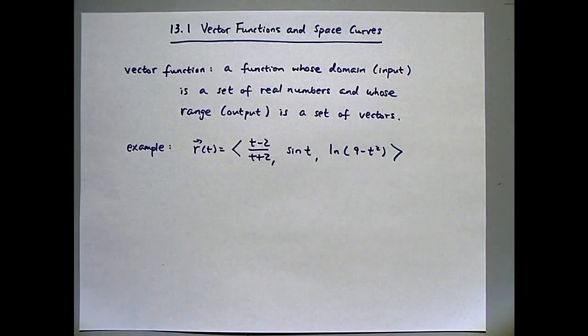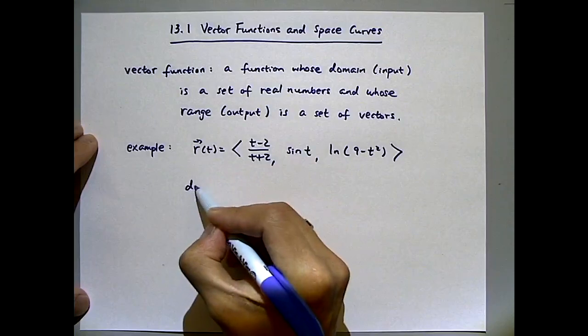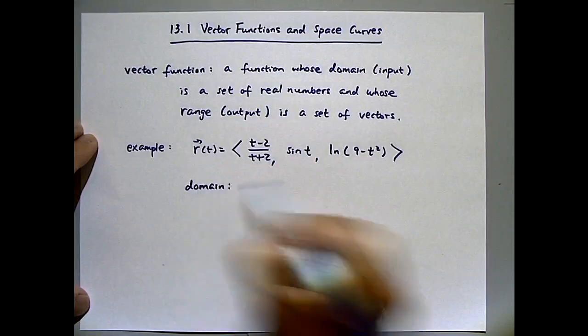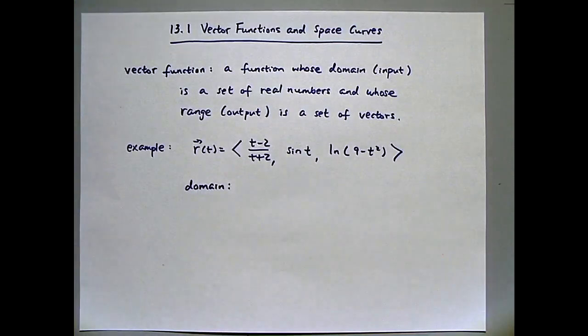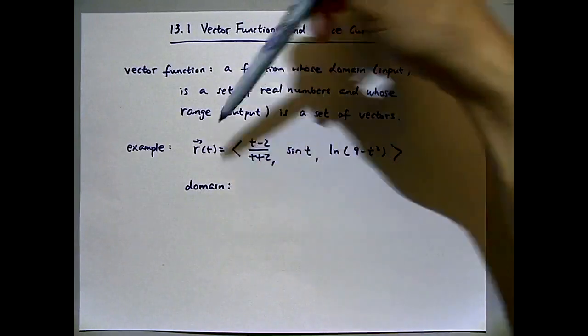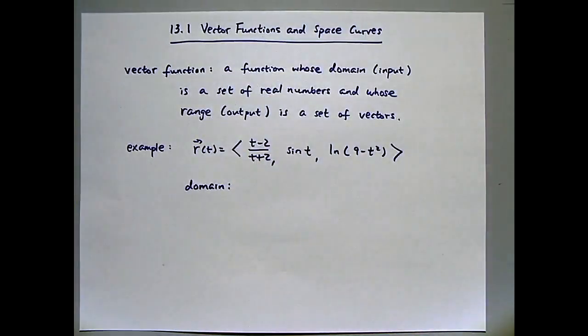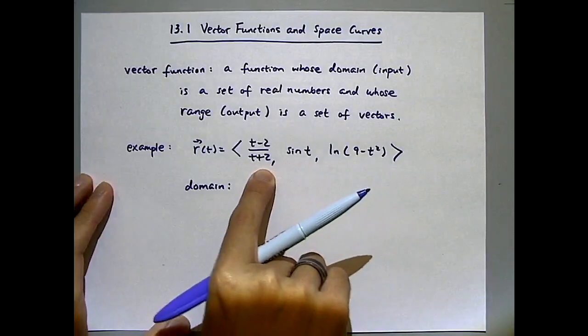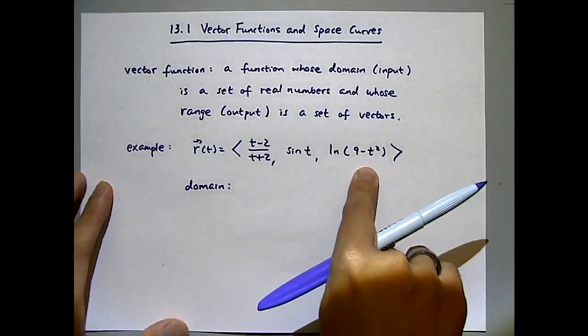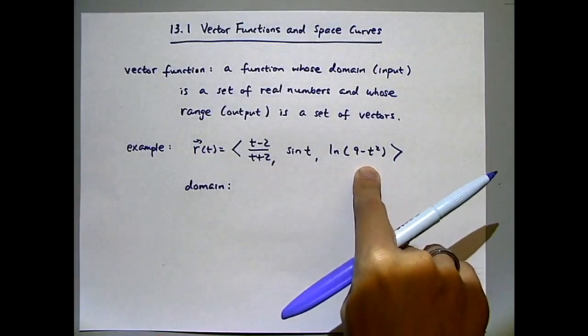And the things that you know about functions still apply. For example, the domain of this vector function, the usual things you look for: you don't want to divide by 0. You don't want to have a natural log or any log of a negative number, right?